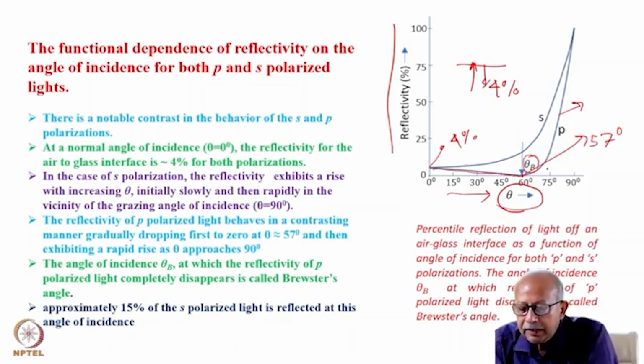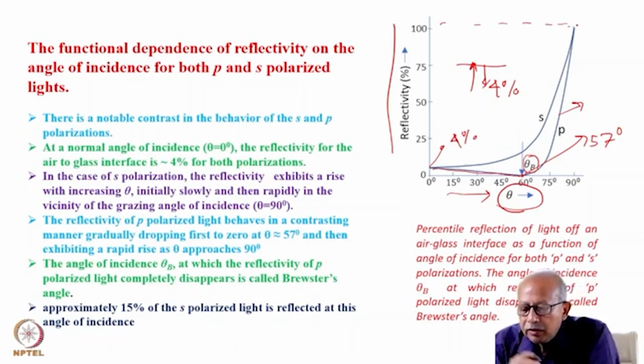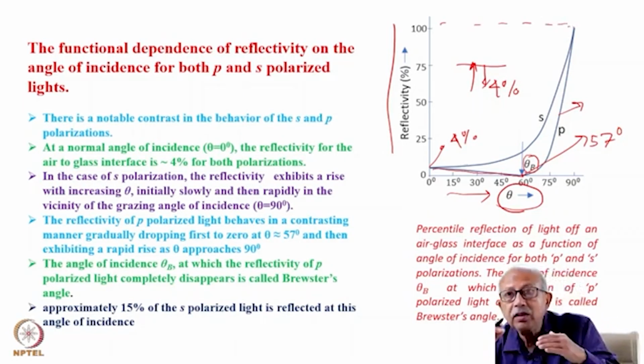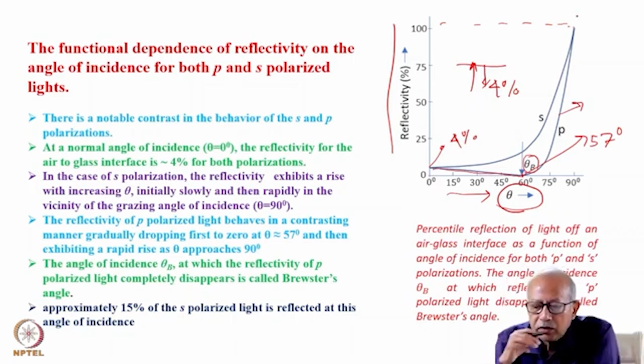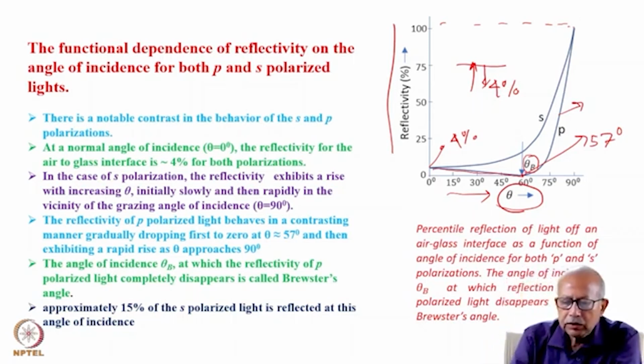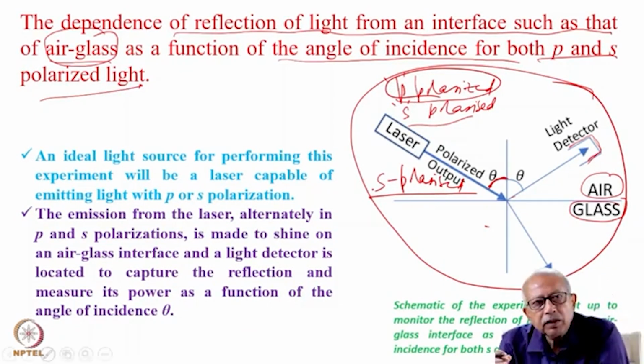And as the angle increases, this reflectivity then rapidly rises, becoming 100% at grazing angle of incidence, that is 90 degree angle. Understandably, at that angle of incidence, there cannot be any refraction. So everything is reflected.